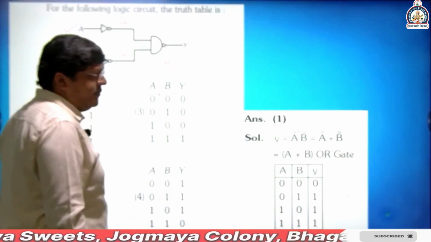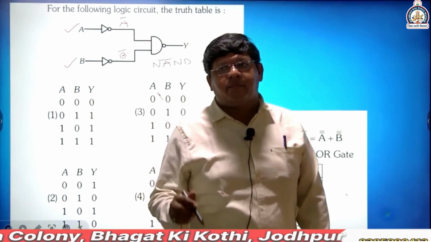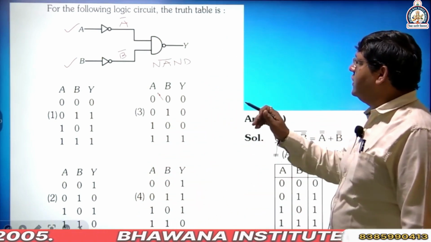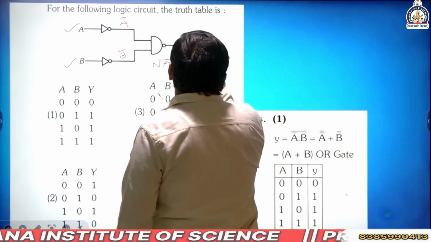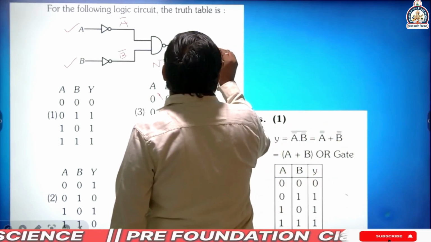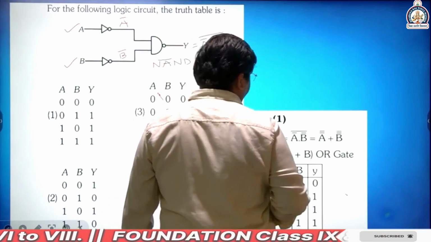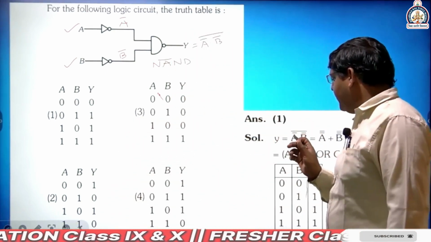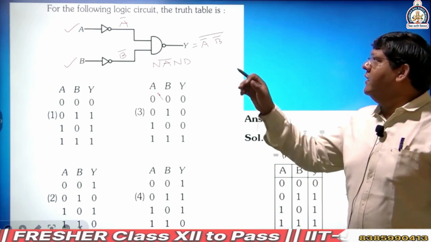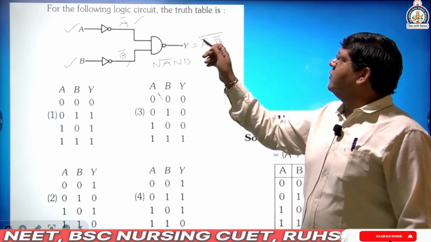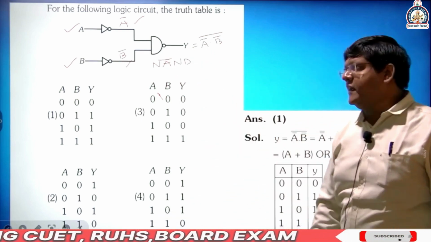AND gate means simply the product. So the output will be A bar dot B bar, and complete bar. A bar is this value, B bar is this value, and this overall bar is due to the NAND gate.